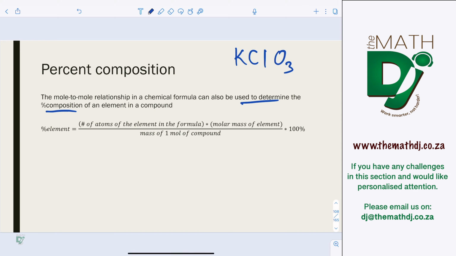If you want to find the percentage of chlorine in this one, you use the total mass at the bottom, then the mass of the element on the top, and multiply by 100. This is what they're trying to do here, to find the amount of chlorine in this compound.